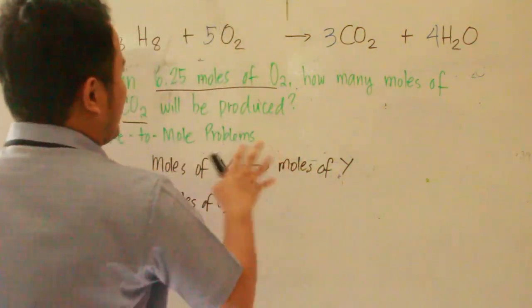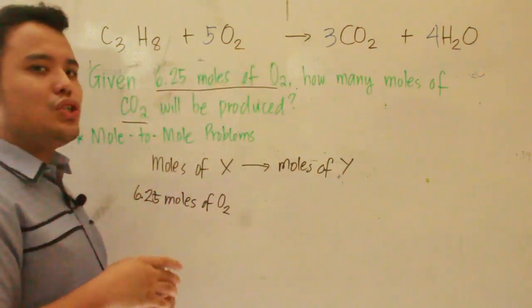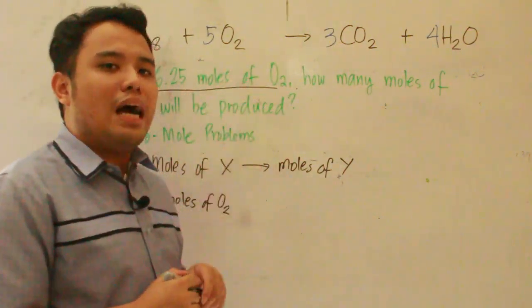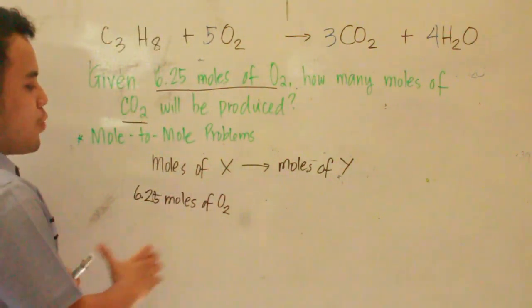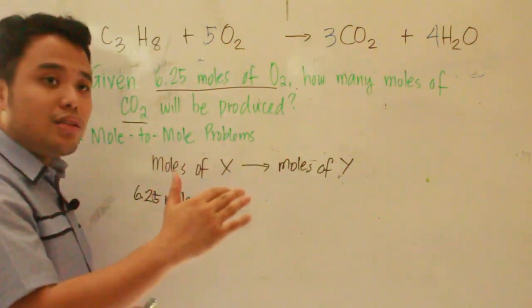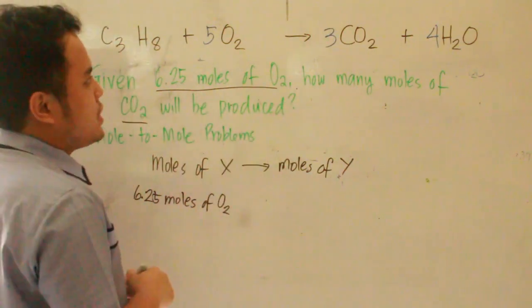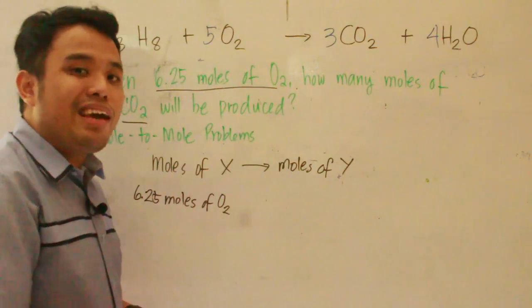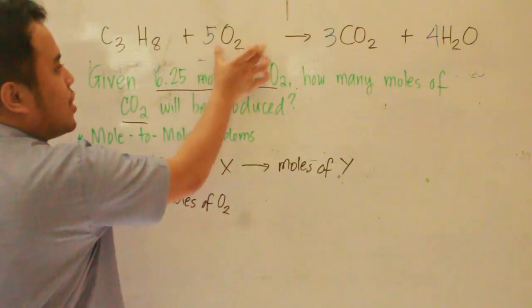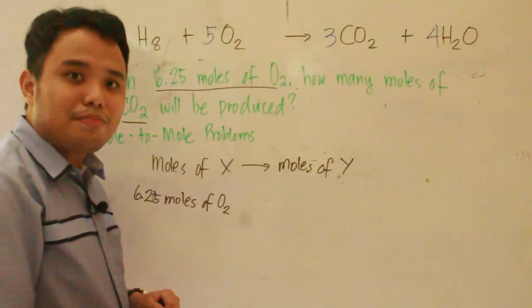Yung mole ratio, again, these are mole-to-mole relationships that we gather from a balanced chemical equation. 6.25 moles of oxygen gas. We want it to become carbon dioxide. Let's look at the equation. What is the relationship in ratio of oxygen to carbon dioxide?